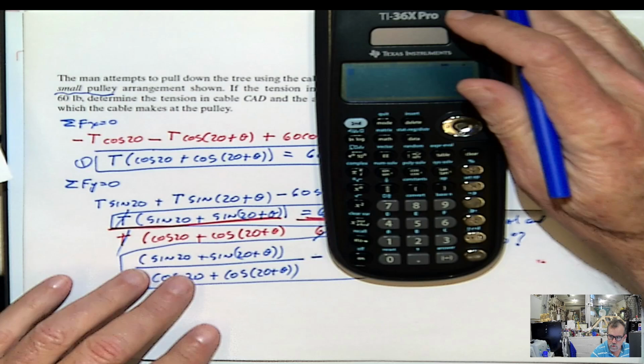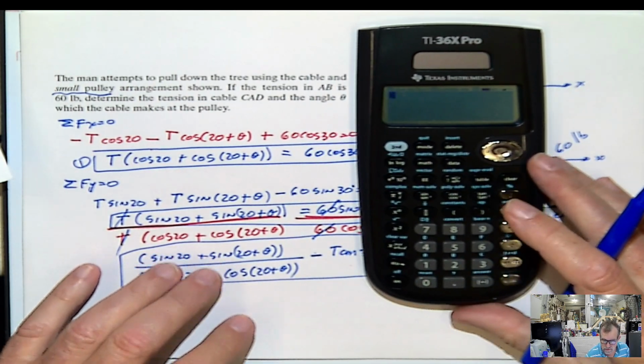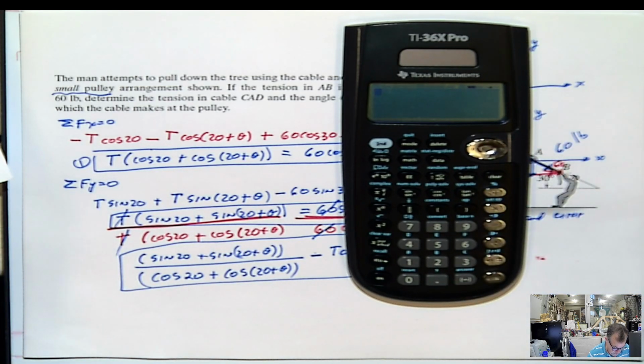When you copy the equation, this is critical. You have to code the equation and use the parentheses and everything else that you need to use correctly.